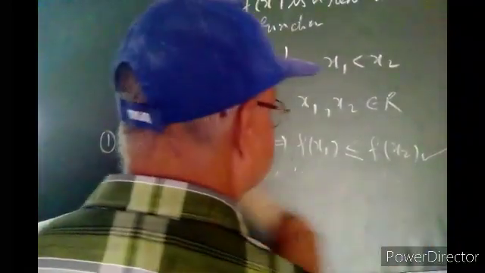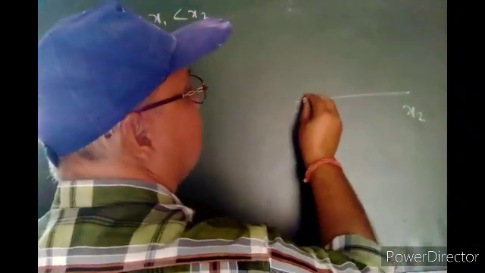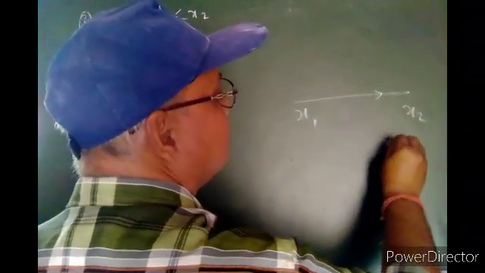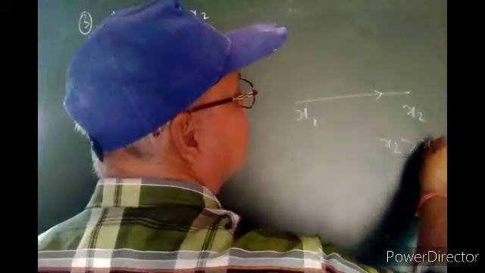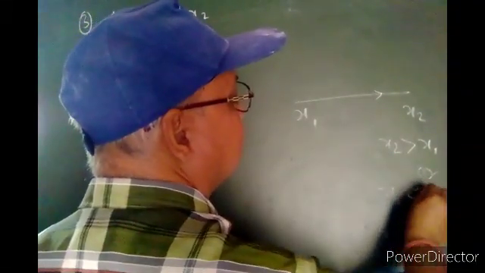Number 3 is, if x1 less than x2, it will always be the same, because this is x1, this is x2. If we move from x1 to x2, x2 will be greater and x1 will be less. Or we can write it as x1 less than x2.